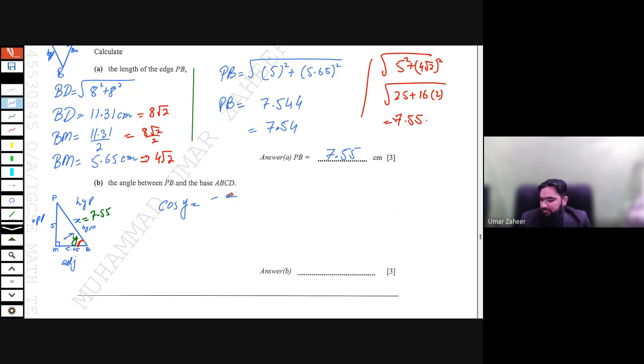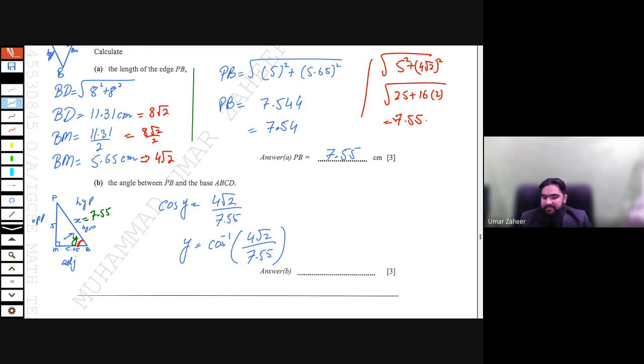or we can use the accurate value, that is 4 square root 2, divided by the hypotenuse, that is 7.55. So it is cos here, on the other side cos inverse of 4 square root 2 divided by 7.55. Yes, please find the answer. Cos inverse, 4 square root of 2 divided by 7.55, bracket close.